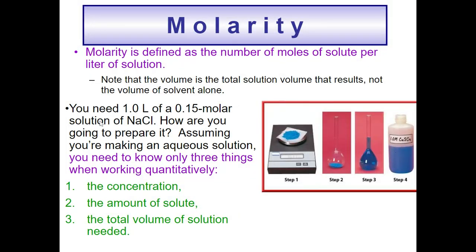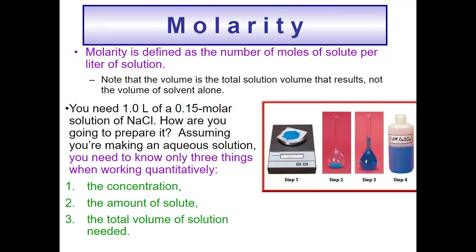So here it says you need 1 liter of a 0.15 molar solution of NaCl. How are you going to prepare it? Thinking about this, we need to know a few things. It says 0.15 molar, so that's the molarity, the concentration. This is our volume. So we need to figure out moles.